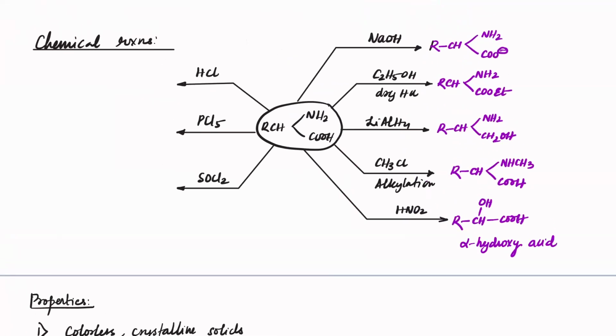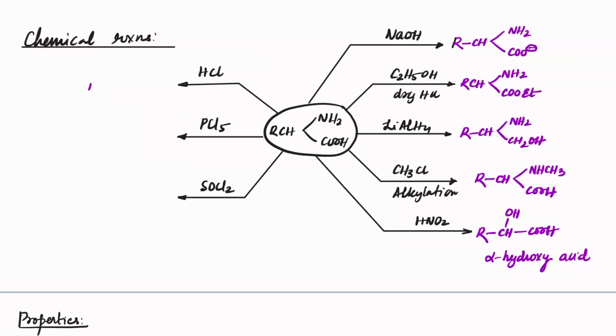Next, with HCl, it will get protonated and you'll get NH3 plus and COOH. With PCl5, it will become RCH, NH2 and acid chloride. Same goes with SOCl2 also. It will become acid chloride, COCl.